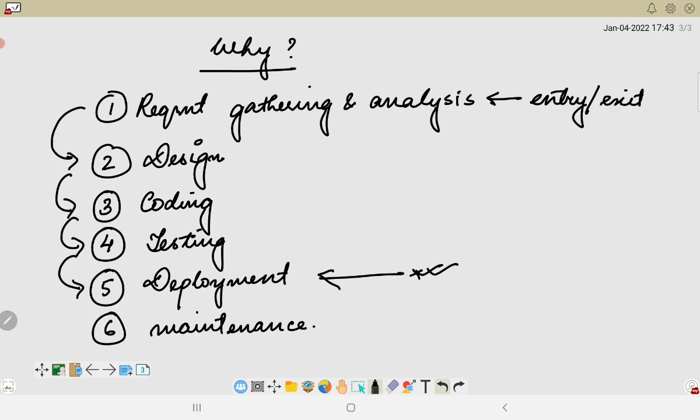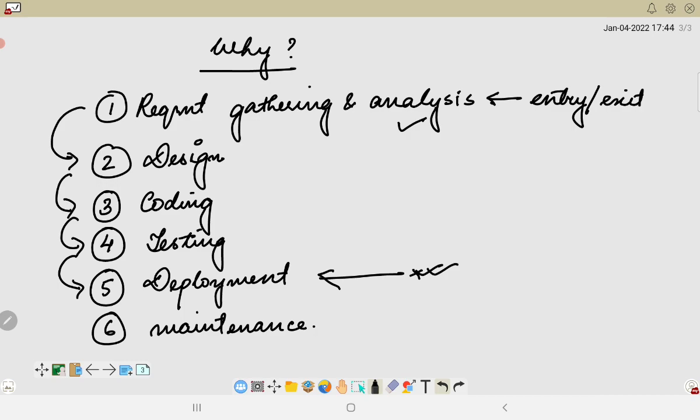So it is a long wait for the customer in order to see their project being developed, and it is quite possible that by the time the product is developed, the customer's business needs could change, or he might need some additional features in his already existing project. Now, in order to change the entire design of that particular process, it is again a long process which will start from the first step.